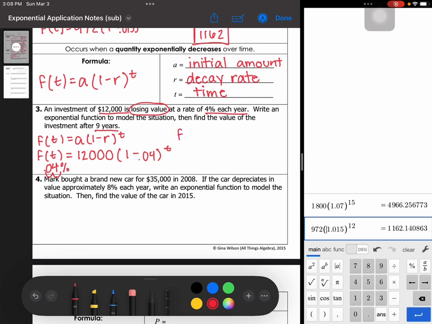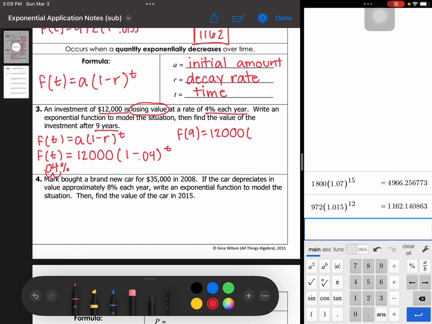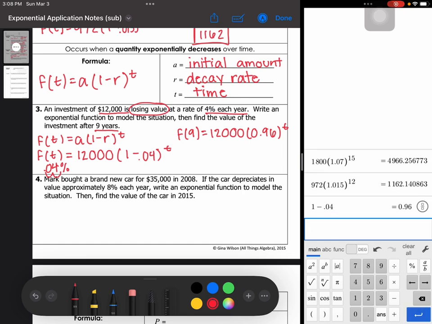So everywhere I see a T, I'm going to put a 9. And before I do that, I'm going to go ahead and find what is 1 minus 0.04, which is 0.96, and then I can go ahead and type that into my calculator.